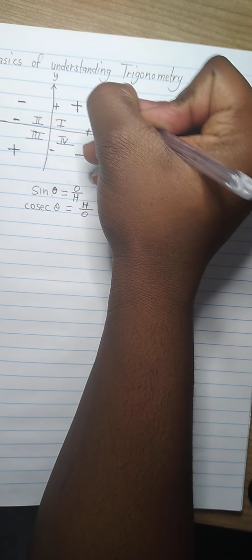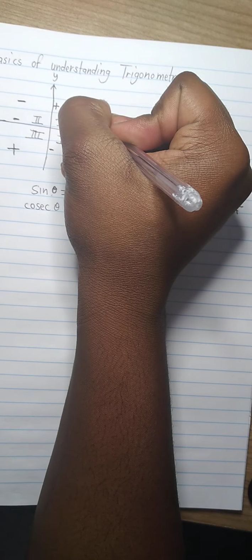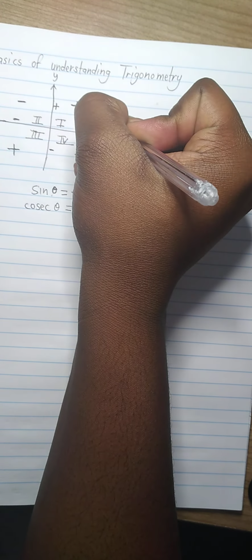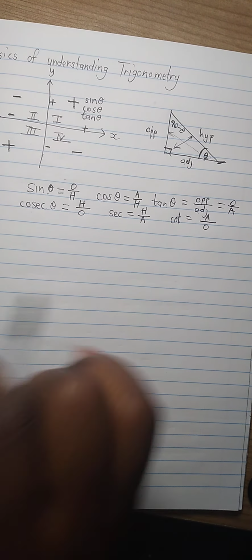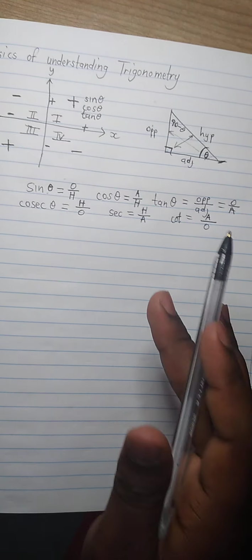So what trigonometry says is, in the first quadrant, sine theta is positive, cos theta is positive, tan theta is positive. That's how it is. It's also true about the reciprocals. I'm not gonna focus much on the reciprocals, but you need to know them. You can't separate them from that.